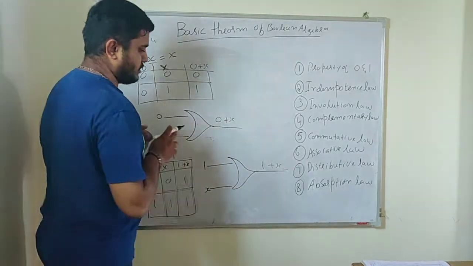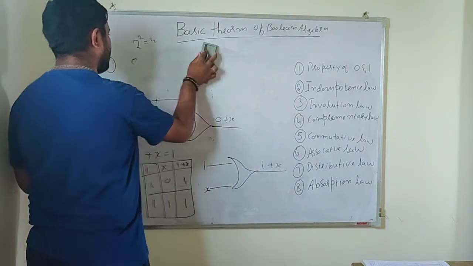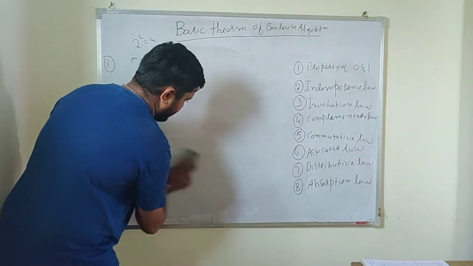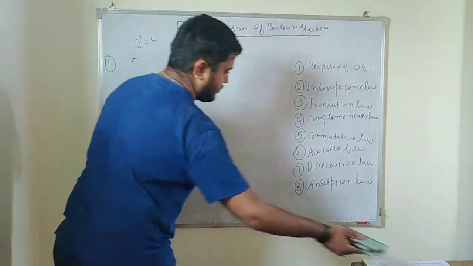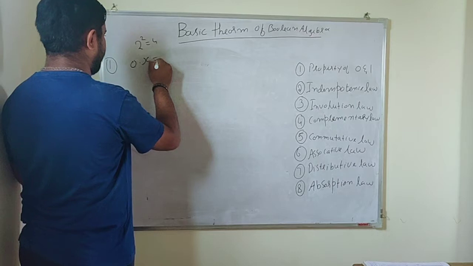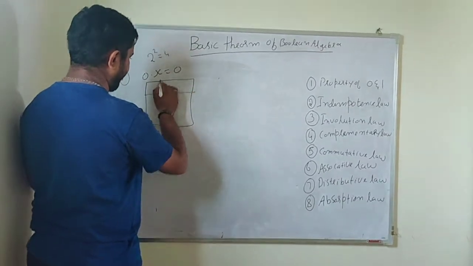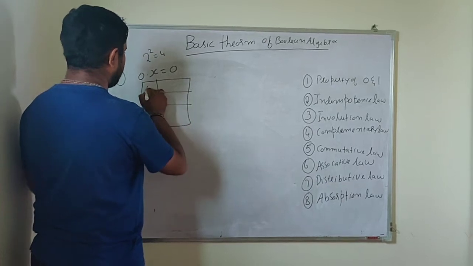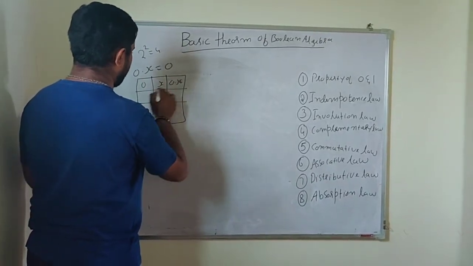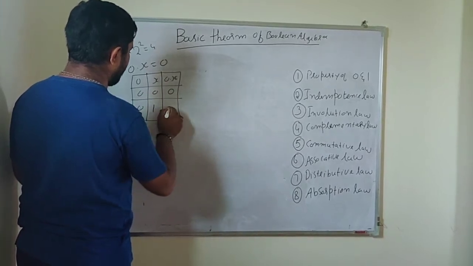So this is the logical gate for the OR representation. So now the logical gate for the AND representation. 0 into x is equal to 0. So first I am going to write the truth table. So 0, x, 0 into x. So 0 into 0 is a 0. 0 into 1 is a 0.